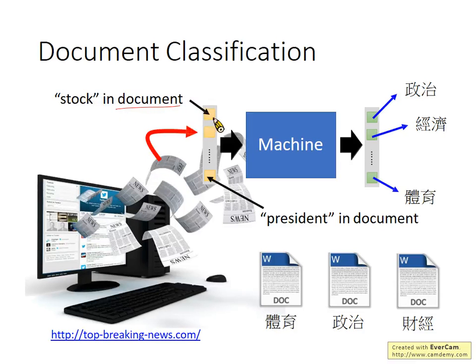For example, the first dimension may represent the appearance of the word stock, and the last dimension may represent the word president appearing in a document. So we can transform each document into a vector, and then construct a network to classify a given document into one of the types: a political document, an economic document, or a sports document.